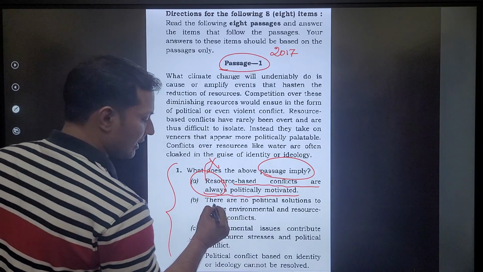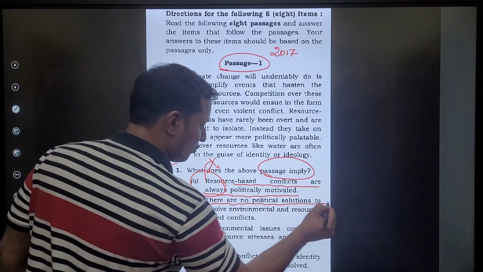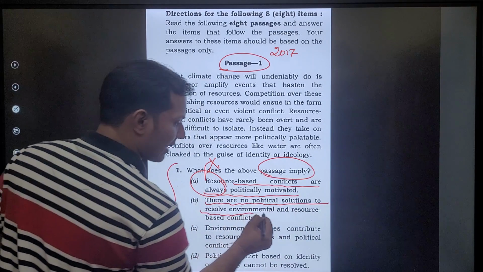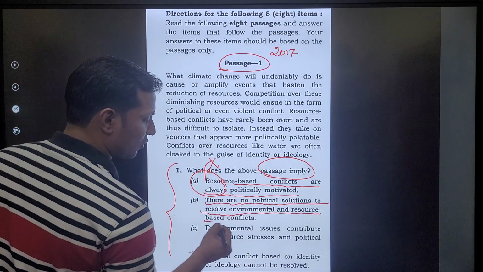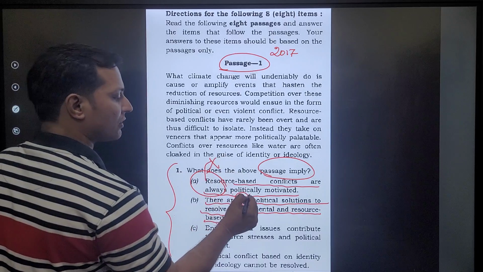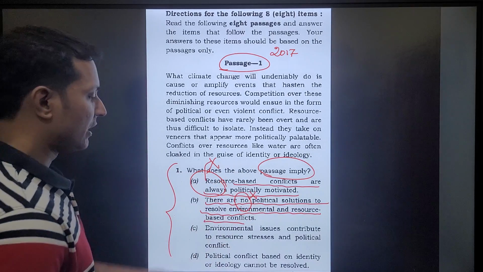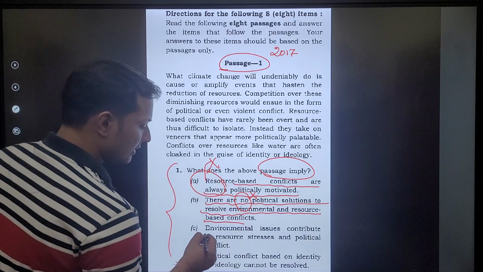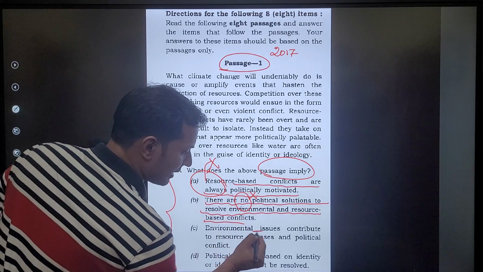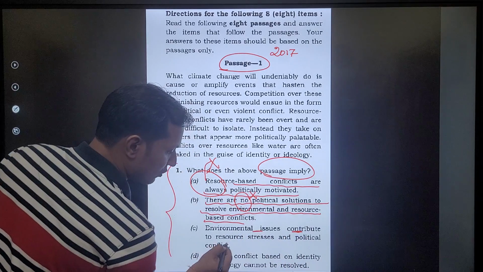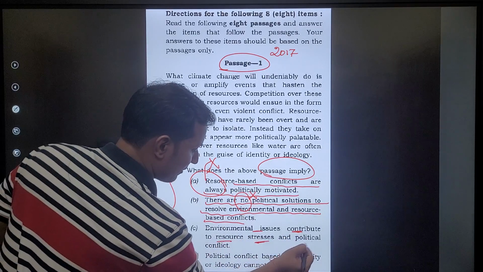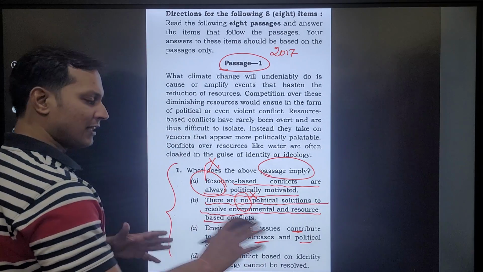Okay. The second statement, there are no political solutions to resolve environmental and resource-based conflicts. Again you see no political solution. Again an extreme word. We have to eliminate that. Then you see third statement says environmental issues contribute to resource stresses and political conflicts. This is a general statement.